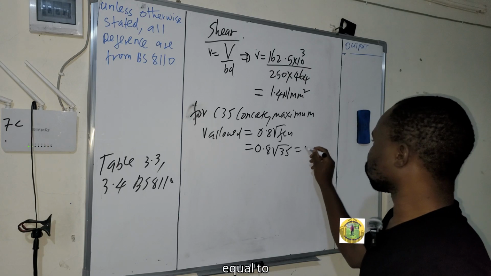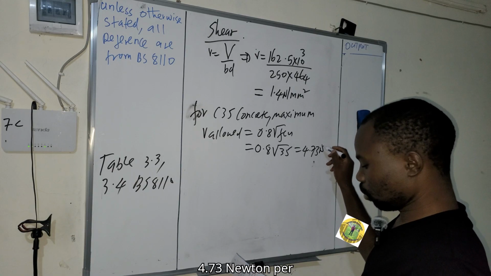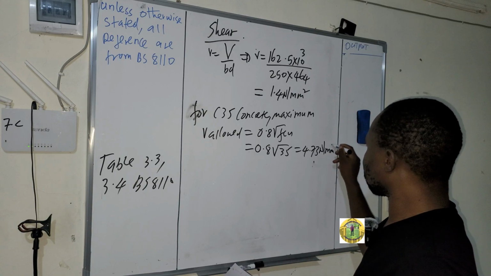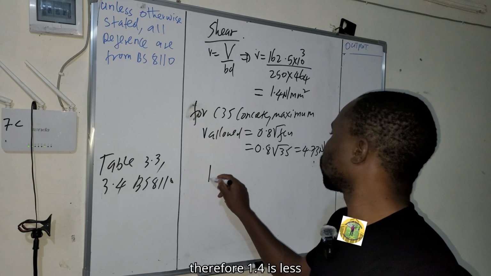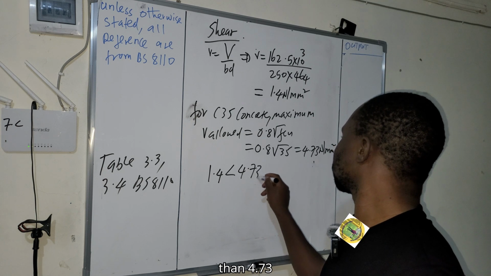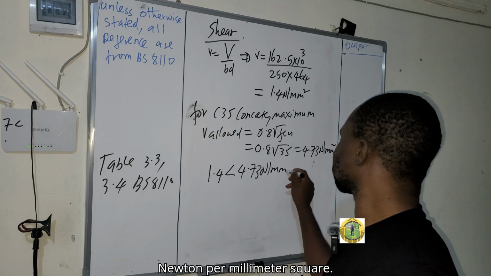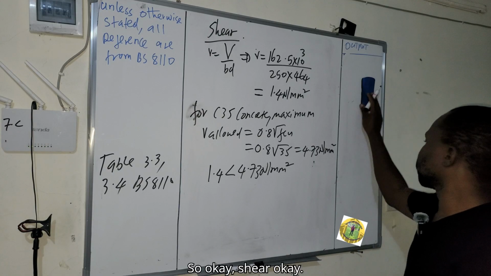So this one is equal to 4.73 Newton per millimeter square. So therefore, 1.4 is less than 4.73 Newton per millimeter square. So, okay, shear okay.